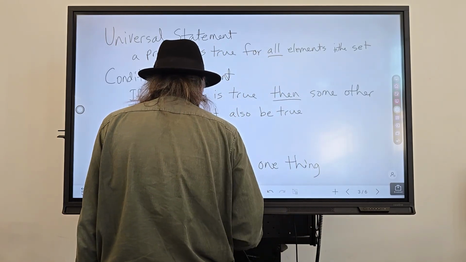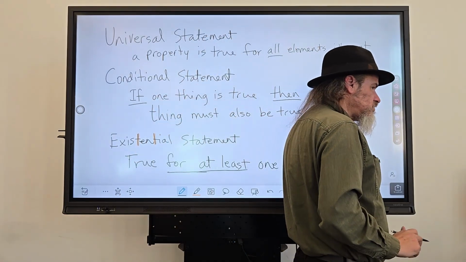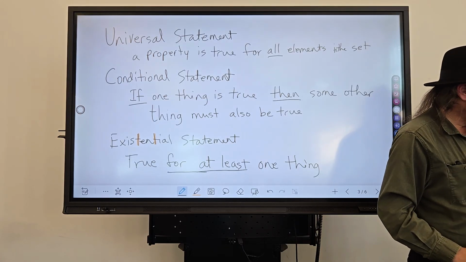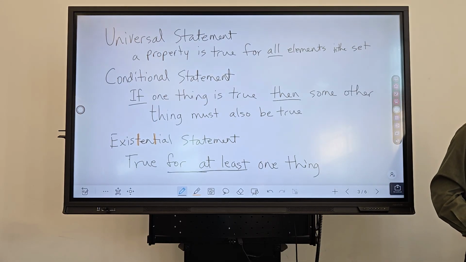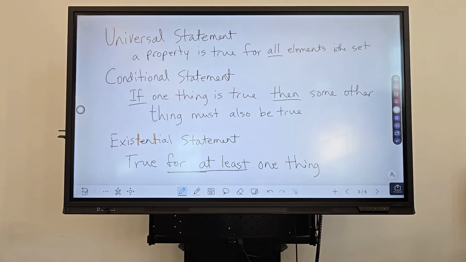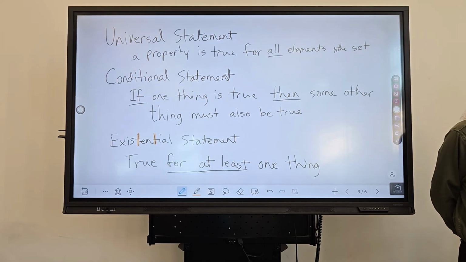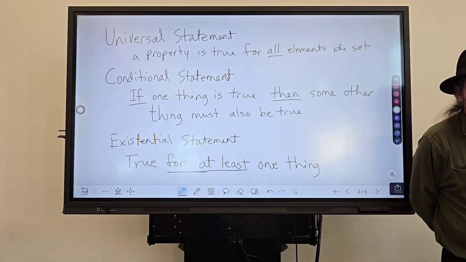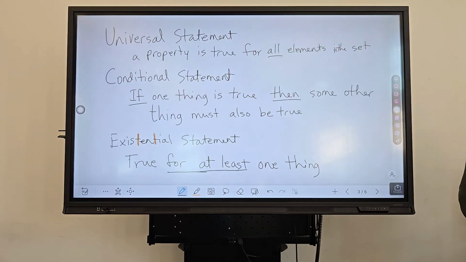For at least one is the operative word there. Operative words. So those are the three types of mathematical statements that we will be running into. Bless you. Now these can be combined in various ways to make more complex compound statements.